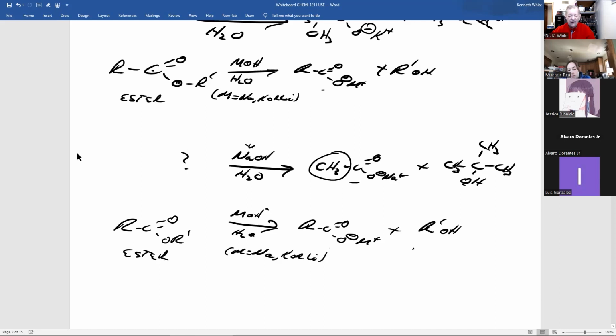So what's our R, methyl? What's our R prime? T-butyl. Therefore, R is methyl. I'll have my carbonyl, oxygen. The carbon with the hydroxyl group will be the carbon with the oxygen in R prime, T-butyl group.